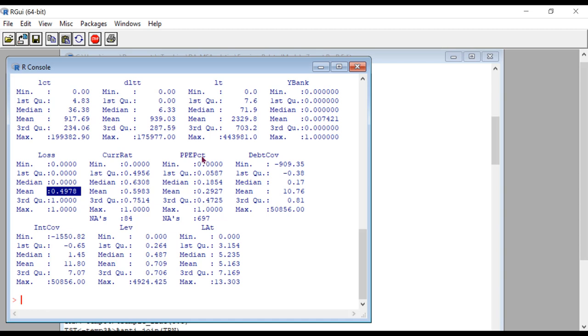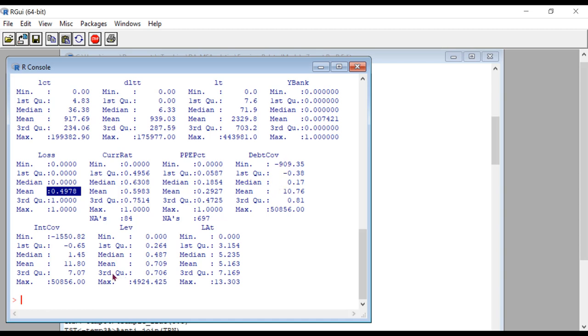Property, plant, and equipment percentage of total assets goes from 0 to 1. Debt coverage, notice the numerator is cash flows, so it has very large negative cash flows, very large positive cash flows as a percent of debt. The reason we have these huge outliers is because some companies have very small debt, so we're dividing by something very small and using a numerator that is big, and so then we get these big outliers.